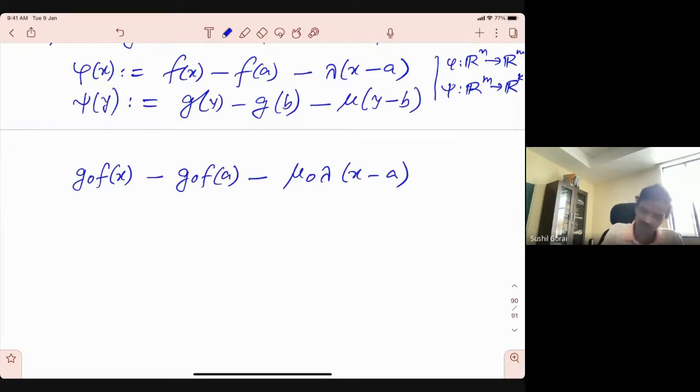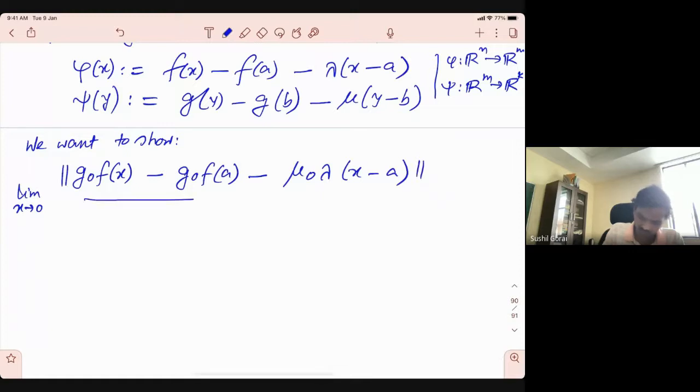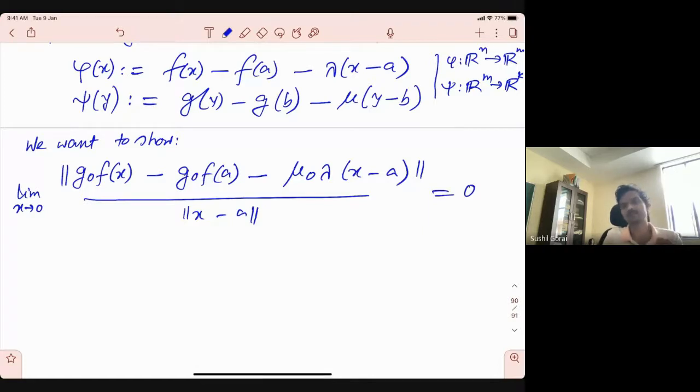So we want to look at the numerator. Let me write it: the limit as x tends to a of the norm of this by the norm of x minus a equals 0. This is our target.